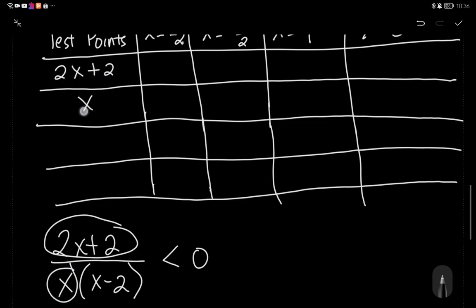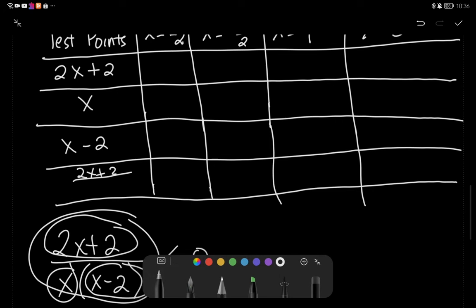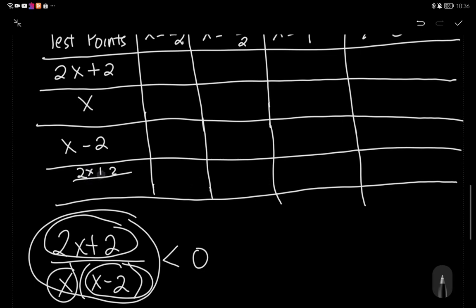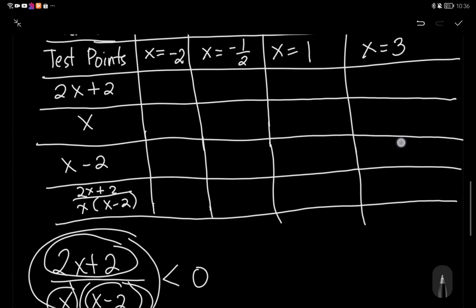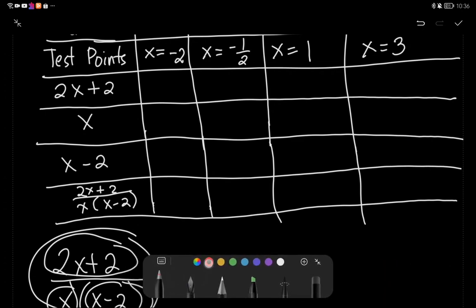Here, x. And for the last, 2x plus 2 over, let me write this correctly so it does not get confusing, 2x plus 2 over x times x minus 2. Okay.